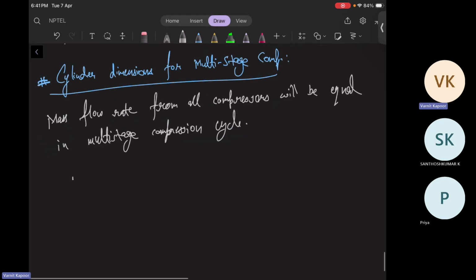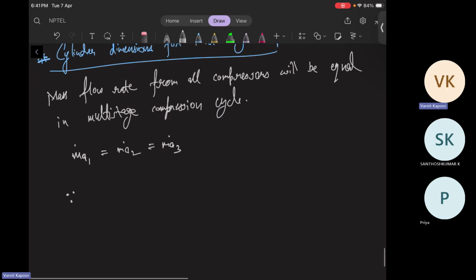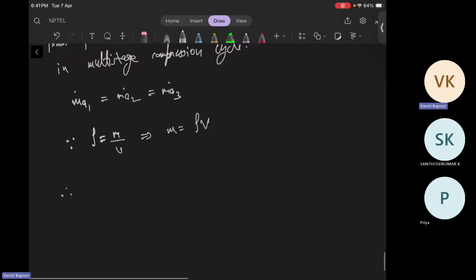Okay, that is mass flow rate ma1 dot is equal to ma2 dot is equal to ma3 dot, let us say. Since we know that density is nothing but mass upon volume, mass can be written in terms of density and volume. Therefore, we can say the mass flow rate of the first is rho1 VA1 is equal to rho2 VA2 is equal to rho3 VA3.